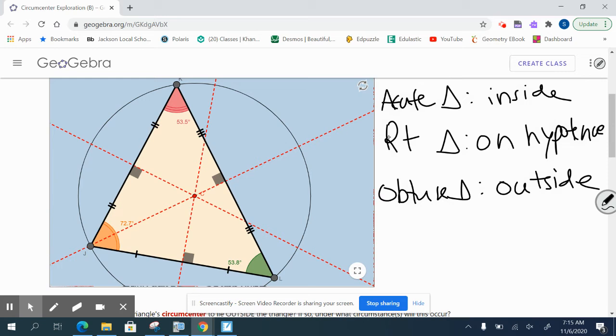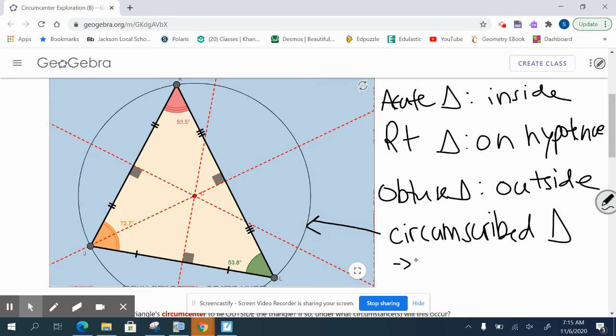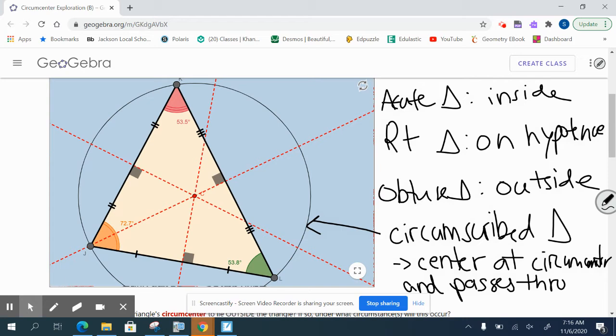So that's another thing here to notice. This would be called a circumscribed circle. A circumscribed circle is a circle whose center is the circumcenter, and passes through the vertices of the triangle.